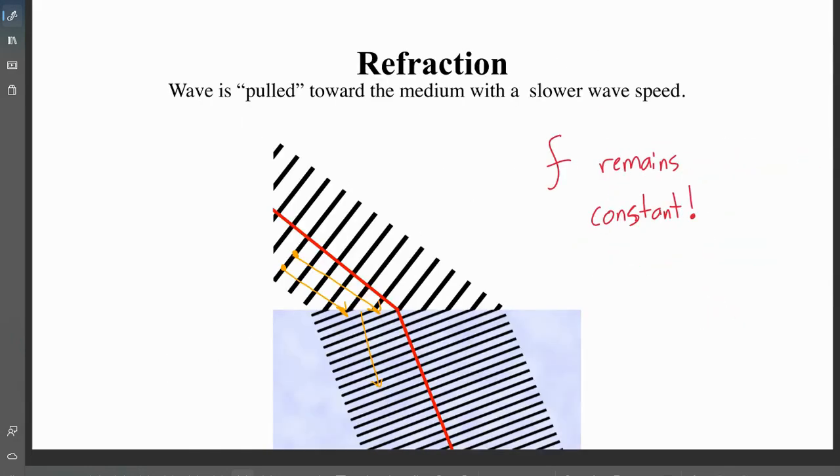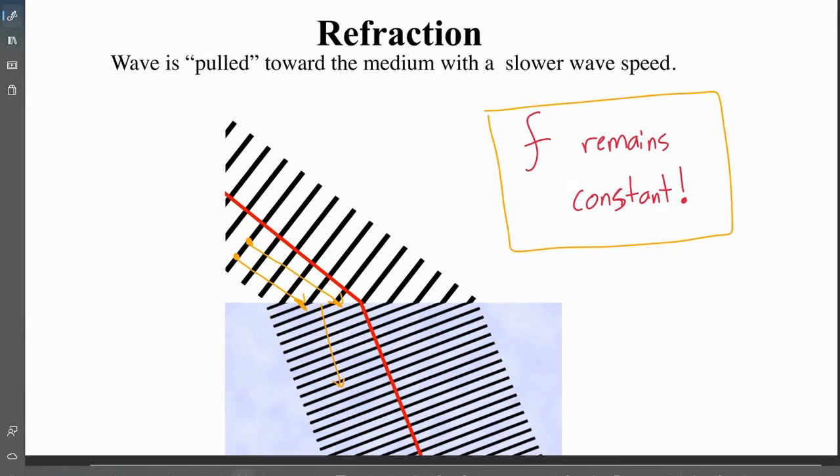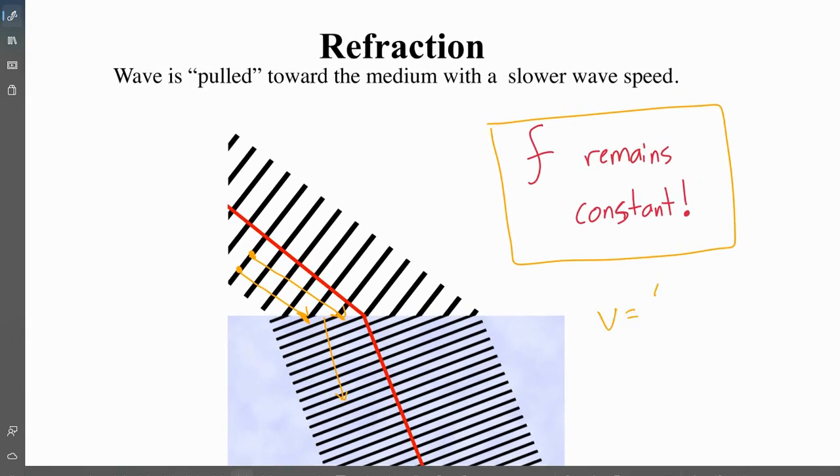Oh, sorry. Another thing to note: the frequency of light remains constant, which is kind of strange to think about. The wave slows down, but the frequency remains constant. Because if you remember, velocity equals wavelength times frequency, and for light, velocity is c, 3 × 10⁸, but that's light through a vacuum.